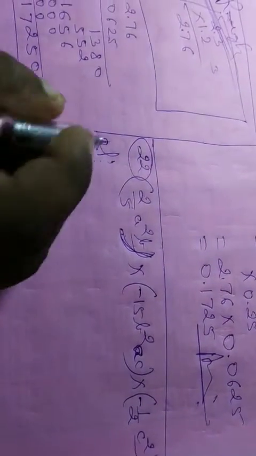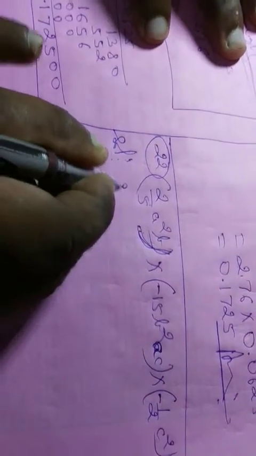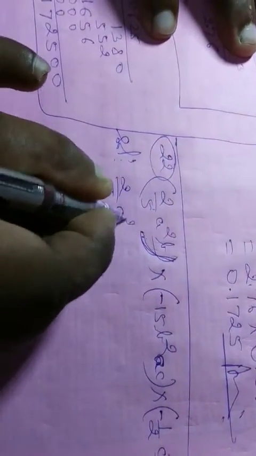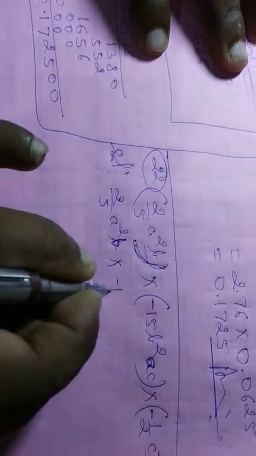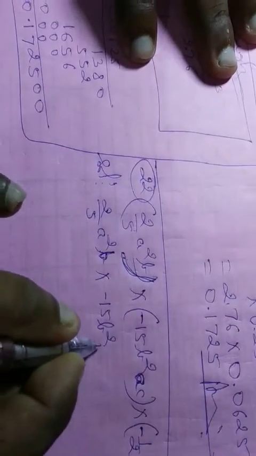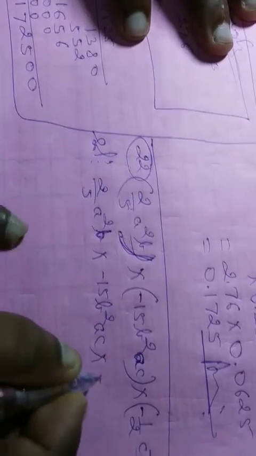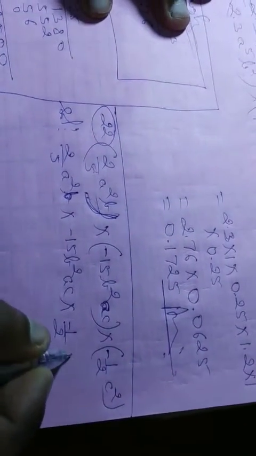Solution. 2 by 5 a square b into minus 15 b square ac into minus 1 by 2 c square.